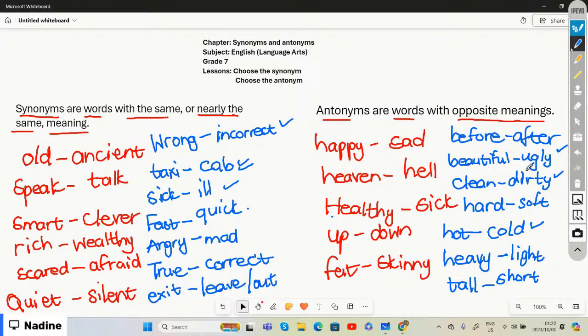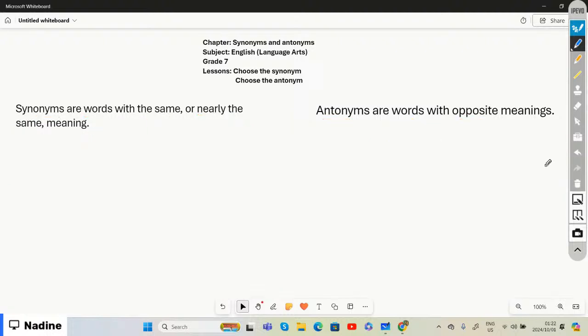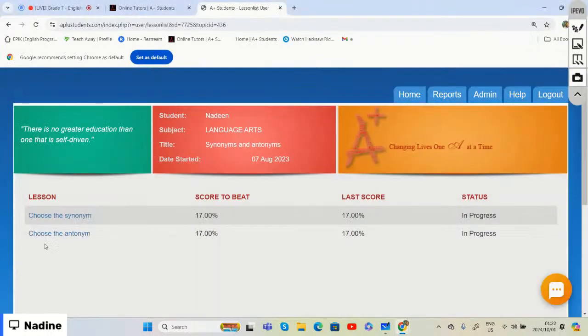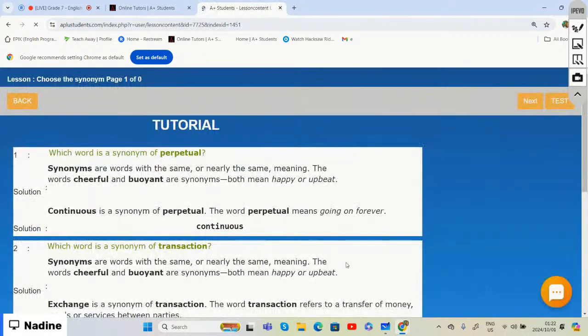So now let's go to aplusstudents.ca. We're going to choose synonyms and we're going to choose antonyms. All right, let's go to the first one to choose the synonyms.